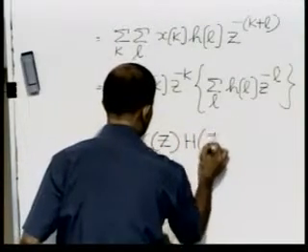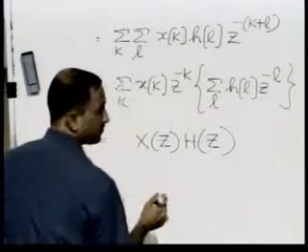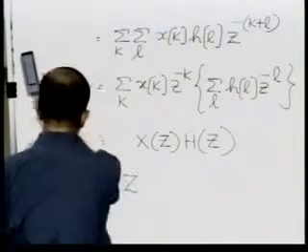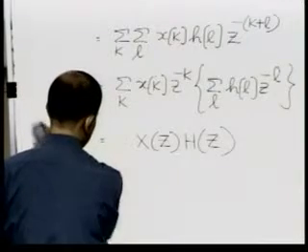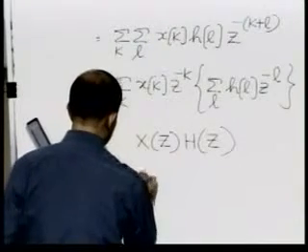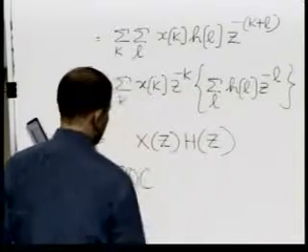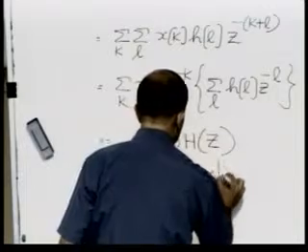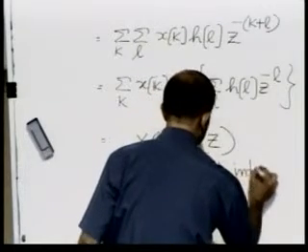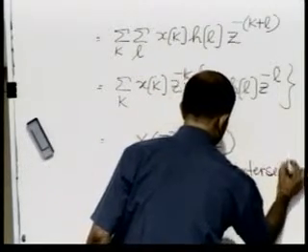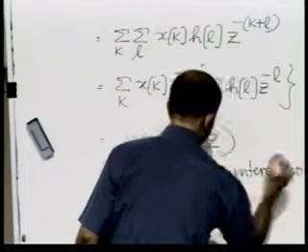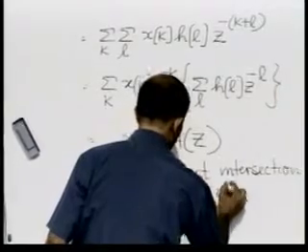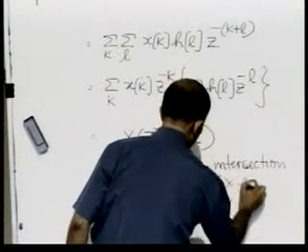And of course, the comment about region of convergence is that the region of convergence is at least the intersection of the ROC of X and the ROC of H.